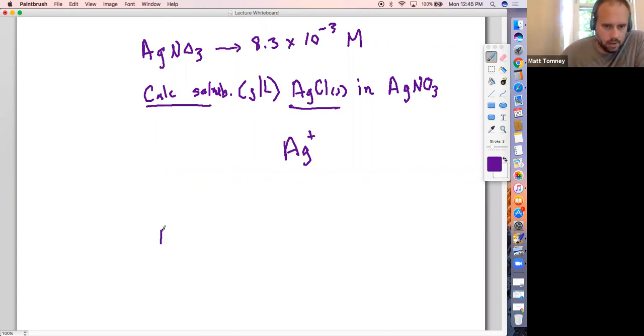So let's rewrite the equation down here so it's nice and clean. Silver chloride solid is going to be in equilibrium with silver ions that are aqueous plus chloride ions that are aqueous.